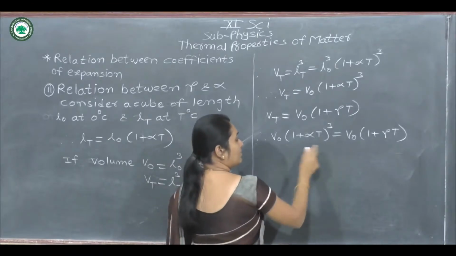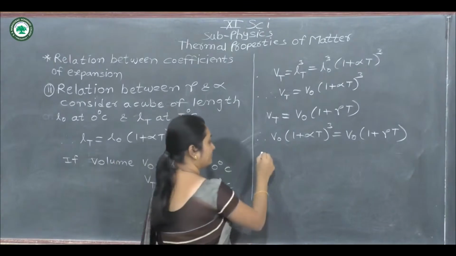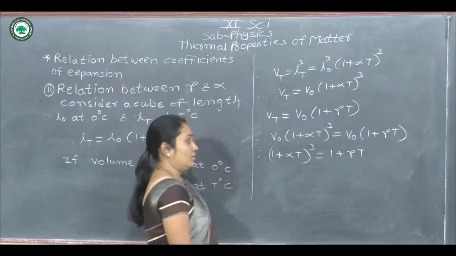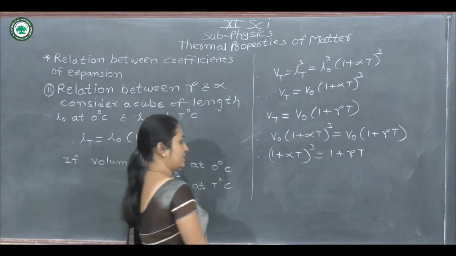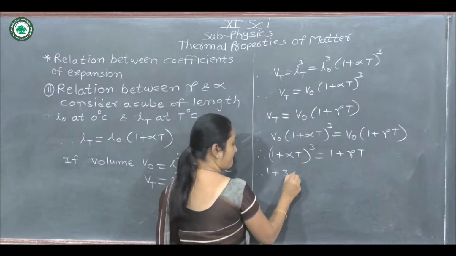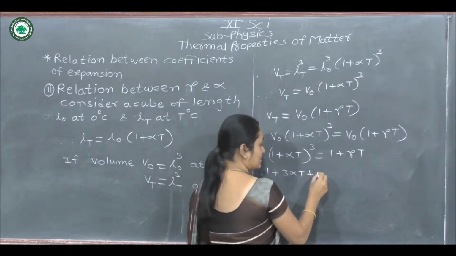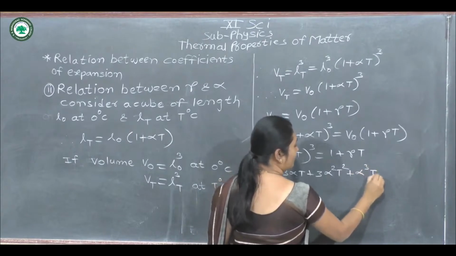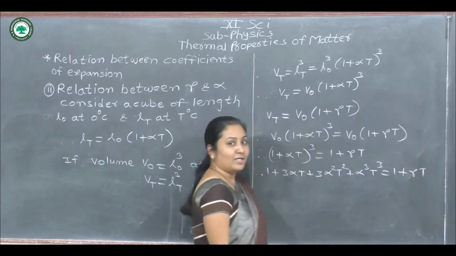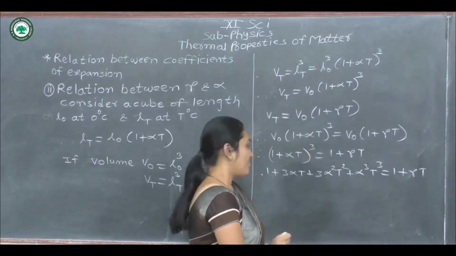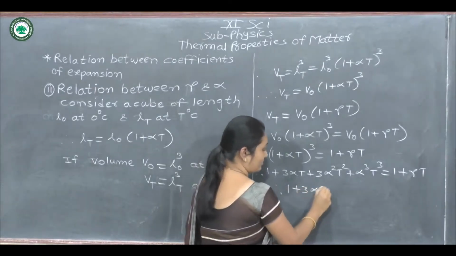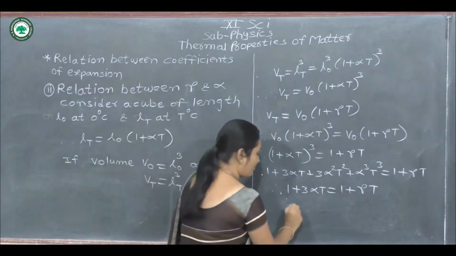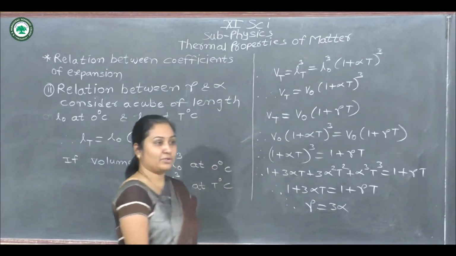Therefore, 1 plus alpha T bracket cube is equal to 1 plus gamma T. Therefore 1 plus 3 alpha T plus 3 alpha square T square plus alpha cube T cube is equal to 1 plus gamma T. Now alpha and T are very small, so by comparing this equation, we have 1 plus 3 alpha T equal to 1 plus gamma T. Therefore, gamma is equal to 3 alpha.